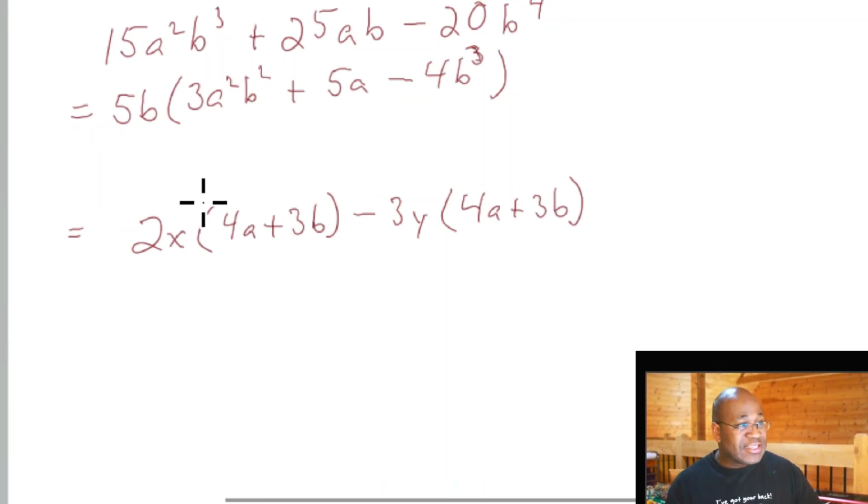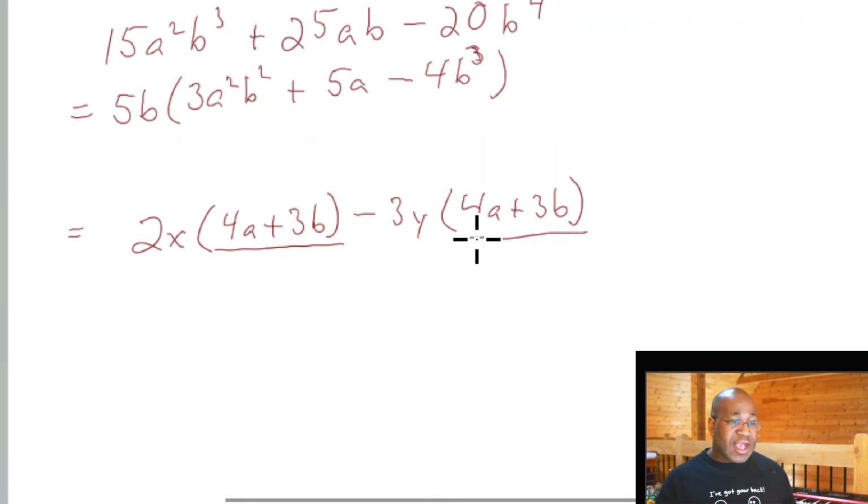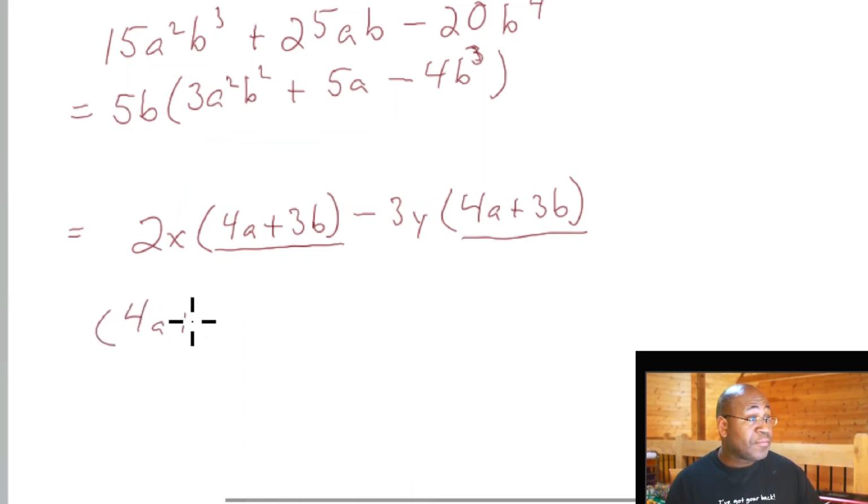Note that in this particular instance, we have this entire group, 4a plus 3b, as a common factor of both of these groups. And so we can extract the entire expression, and then what's left over will be 2x minus 3y.